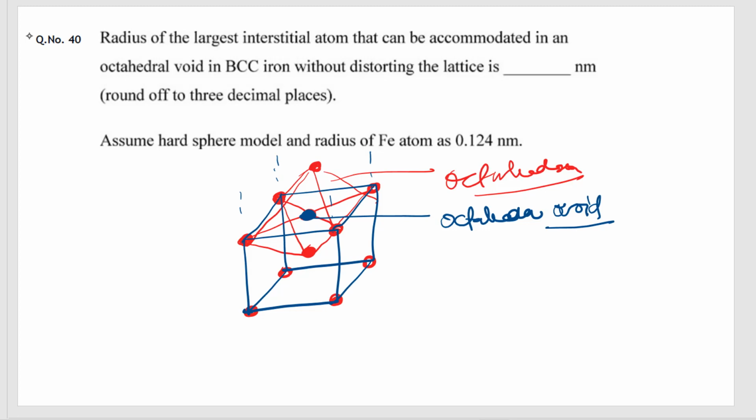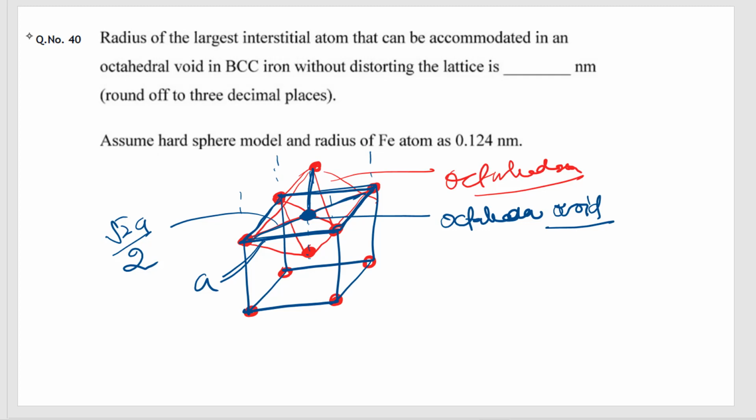So if we calculate the side length, this is A, right? This is root 2A by 2. Okay, this is A, this is root 2A by 2, right? And what will be this height?